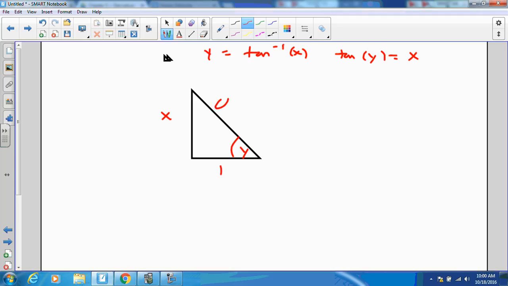So this triangle represents y equals inverse tan x. And if I now want to consider the inverse cotangent, that is going to be adjacent over opposite, which means that the inverse tangent and the inverse cotangent are also complementary angles.